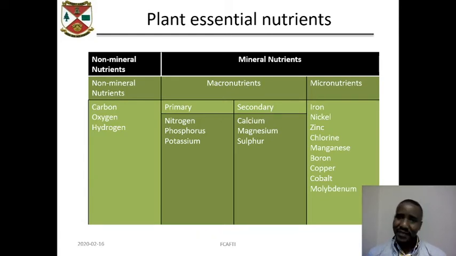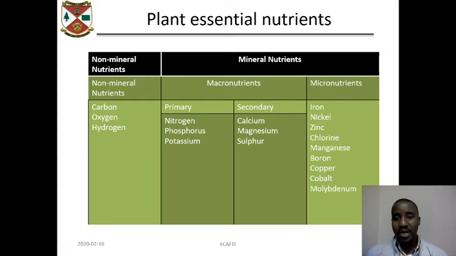Now, in soil fertility, we are recognizing 18 plant essential elements, and these elements are broadly divided into two categories. We have non-mineral nutrients and mineral nutrients. Non-mineral nutrients are the plant essential nutrients that are not supplied by the parent material or by the soil itself.